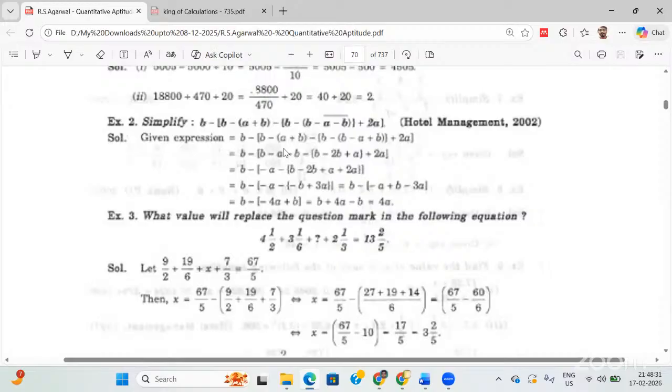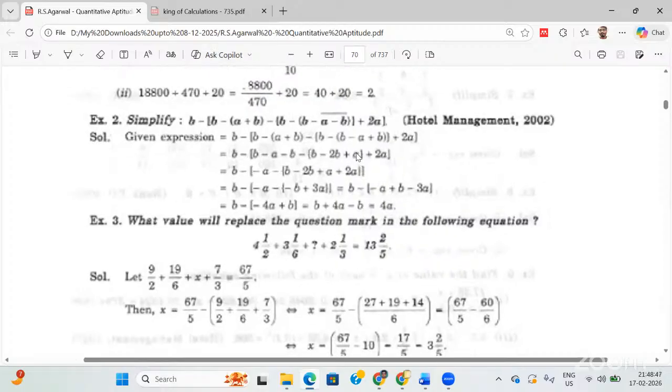Okay, minus plus minus. Okay, done. Up to this point, is anything complicated over here? No, sir. Okay, then we have to open the second bracket.